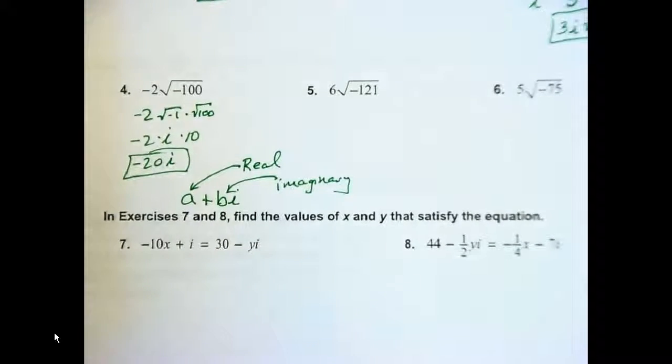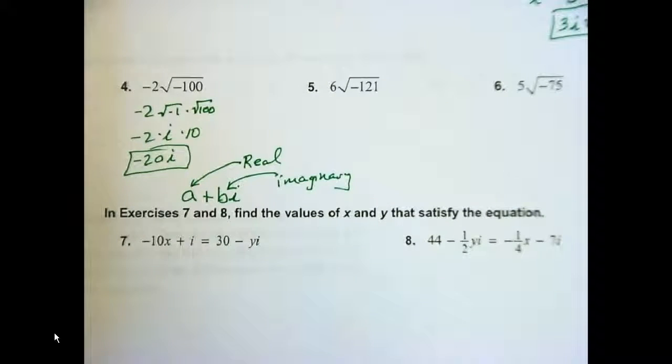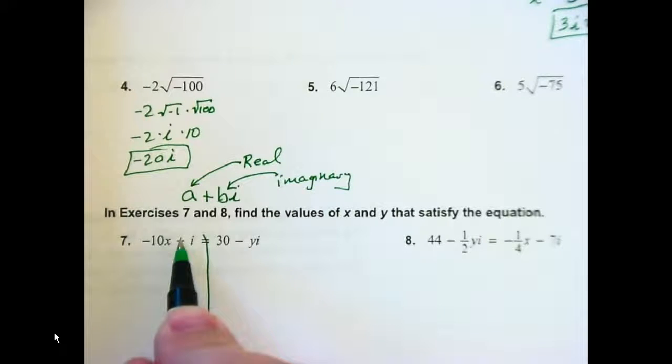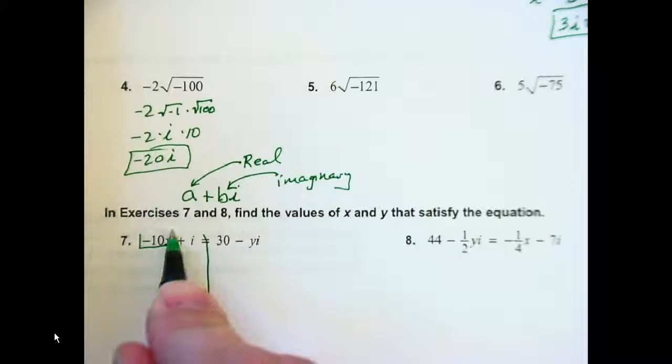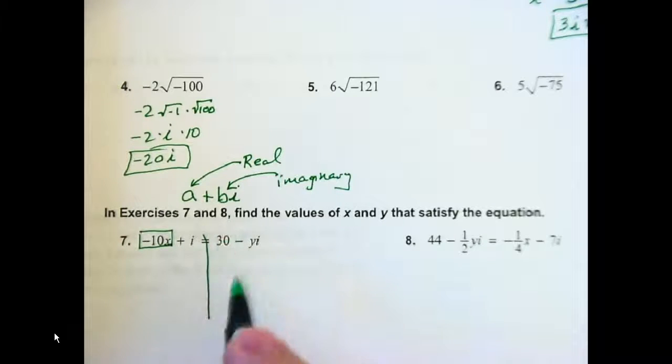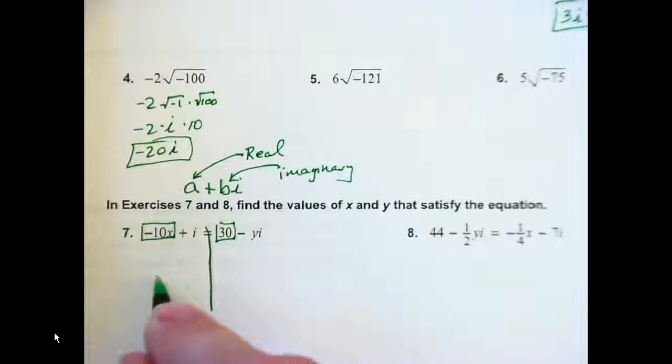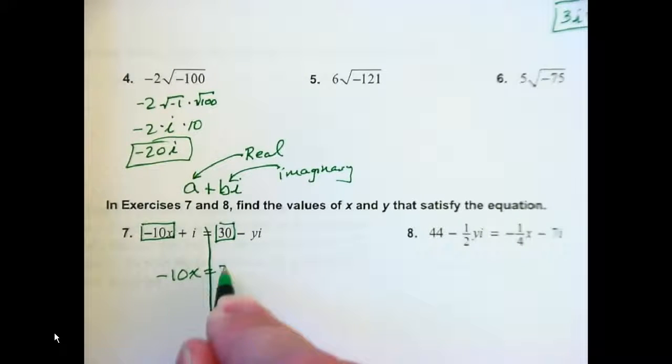Okay, so when I'm looking at this, the real part of this side of the expression or equation is -10x. And the real part of this side is 30. So if I'm solving for x, I'm just saying -10x equals 30. So what's x? -3. That's all you do.